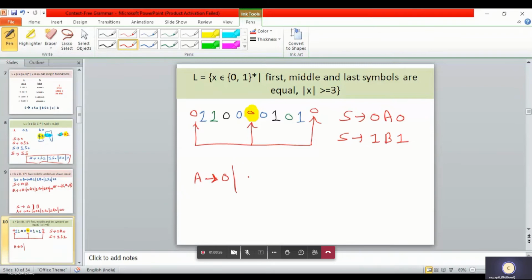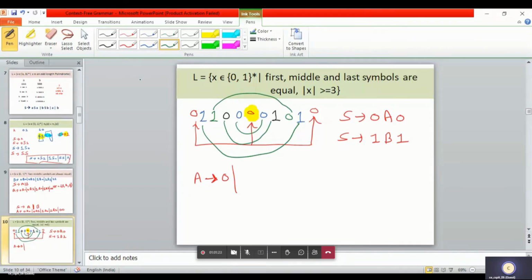So we have 0. Now on two different sides of this 0, because the middle element is always 0, we are terminating A, which is the middle position, with 0. Now on the other side, left and right side, it can be any combination. You can see 0 0, 0 1, 1 0, 1 1. Any combination is a valid combination.